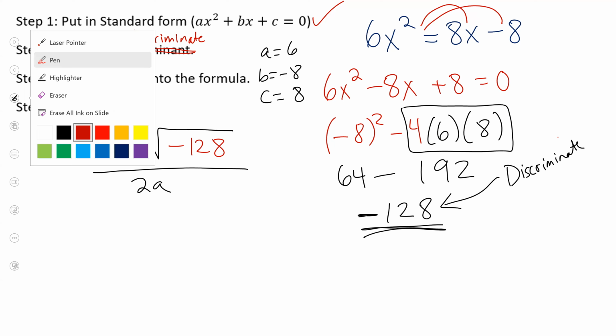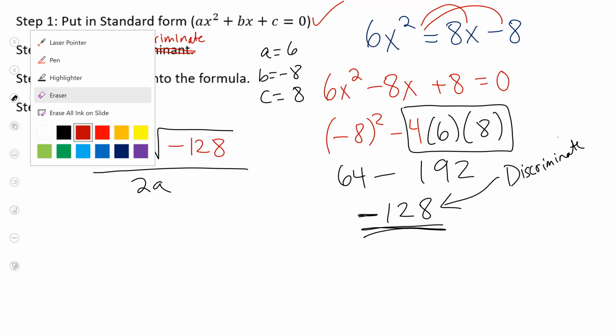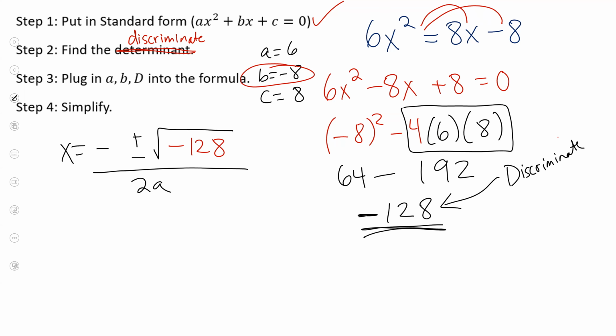And I'm going to erase the b value. In the beginning, we said that b was negative 8, right here. So I'm going to plug in a negative 8. So look, there's 2 negatives now. Erase the a value, which is 6. Okay, so let's simplify this.